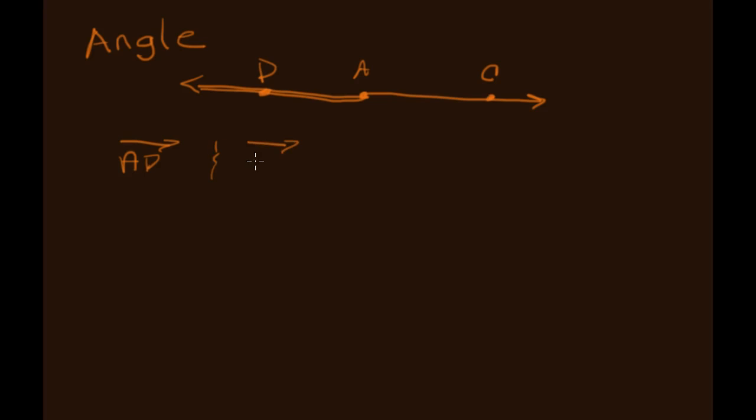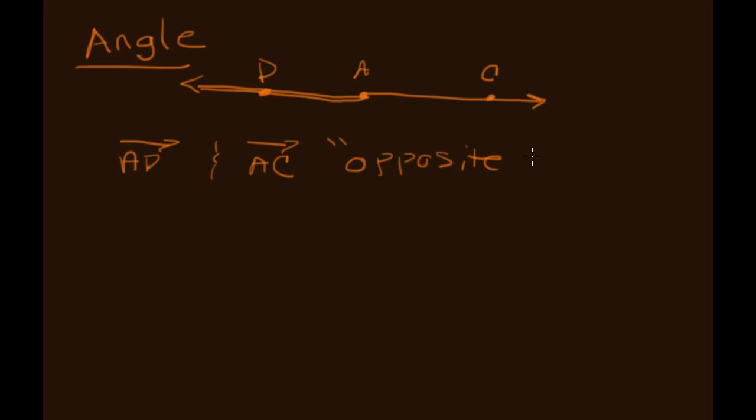Something that I want to establish before I get to an angle is that if I have a point, let's call it A, and it goes through C going this way, and it goes through, let's say, D going this way, then we have an interesting situation here. Let's say this all forms a line when you join it all together. If I have ray AD and I have ray AC, these are rays going in opposite directions. These are called opposite rays.